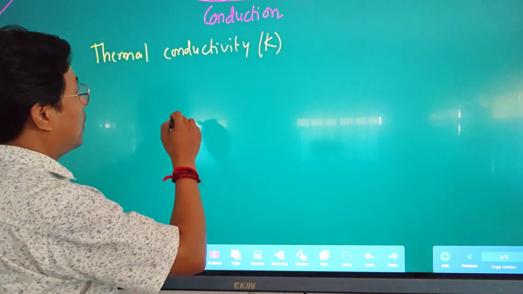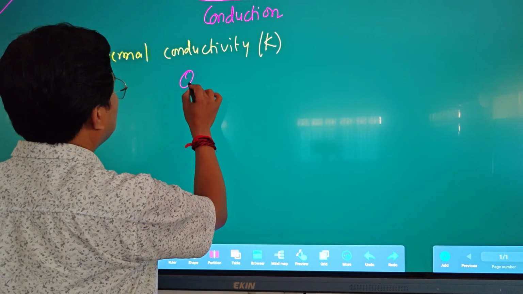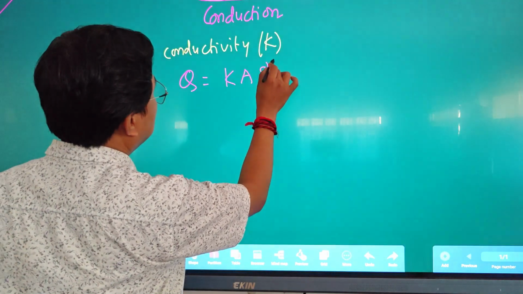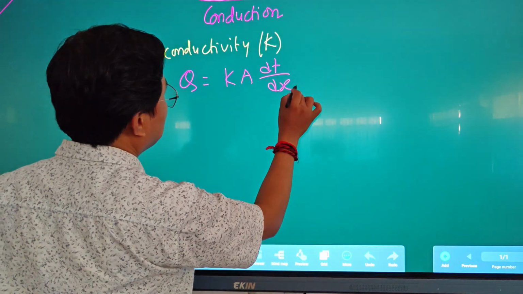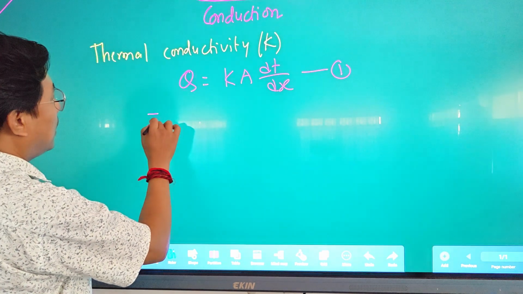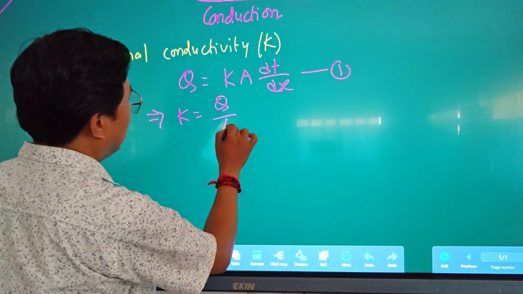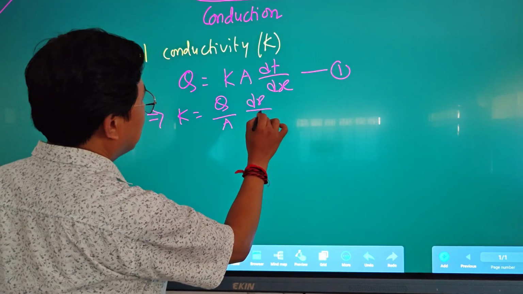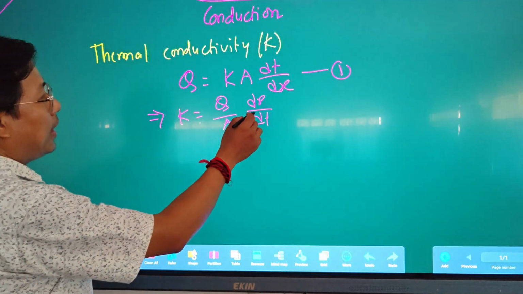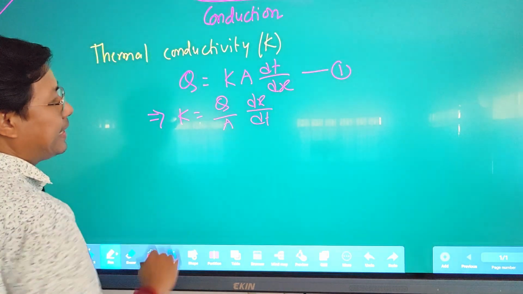As per Fourier's law, the heat conduction equation is Q equals kA dT by dx. Okay, so from this equation we can find K equals Q by A times dx by dT.